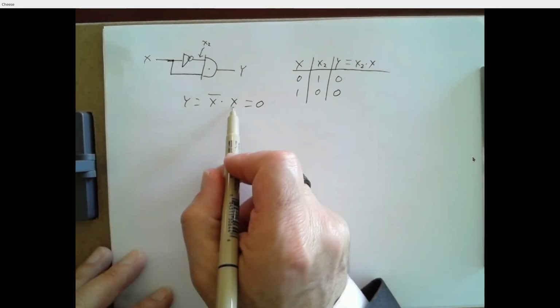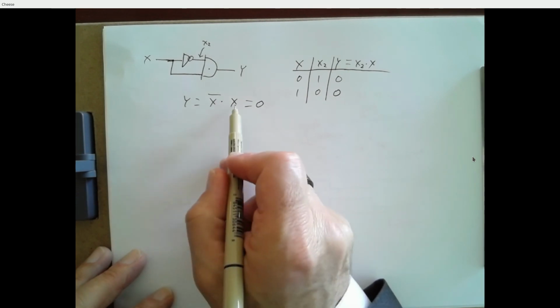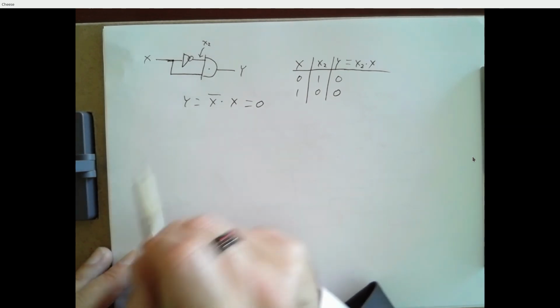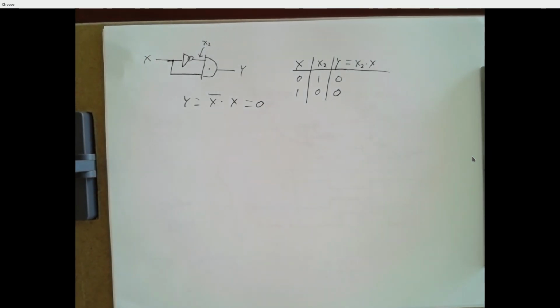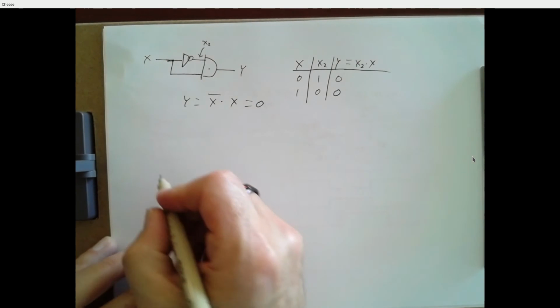If this is a 0, this will be false, and if this is a 1, this will be false, so the AND will be false. So in theory, whatever value you put in for X, the output should always be a 0. It would be kind of strange if you built a circuit like this, because you just expect it to be 0. But let's look at a timing diagram for this.